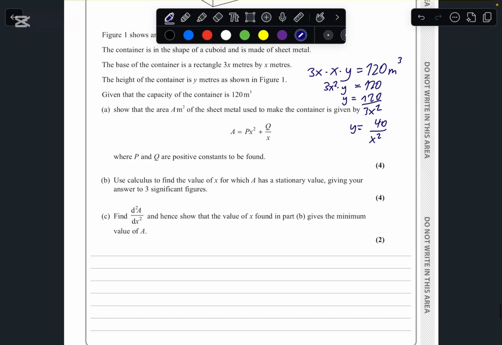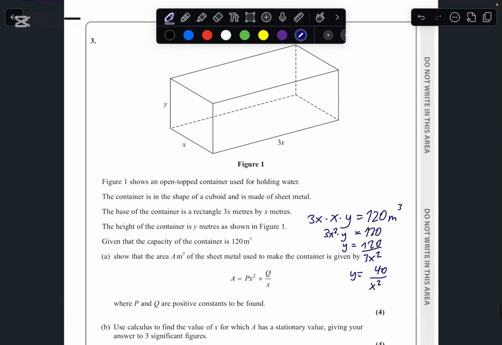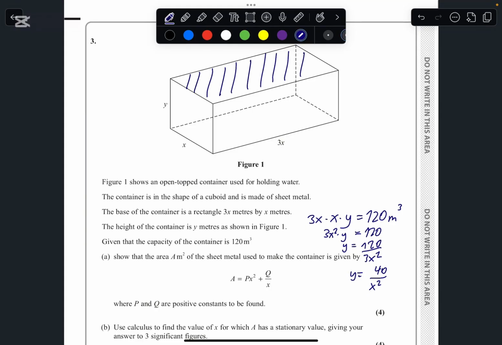Now we need to show that the total area of the sheet of metal, so the surface area of the cuboid, is given by that equation. What we need to take into account is that this is an open-top container, so the top part we will not include in the equation.